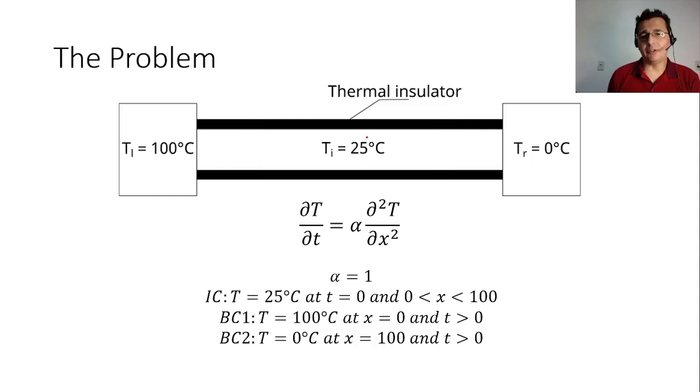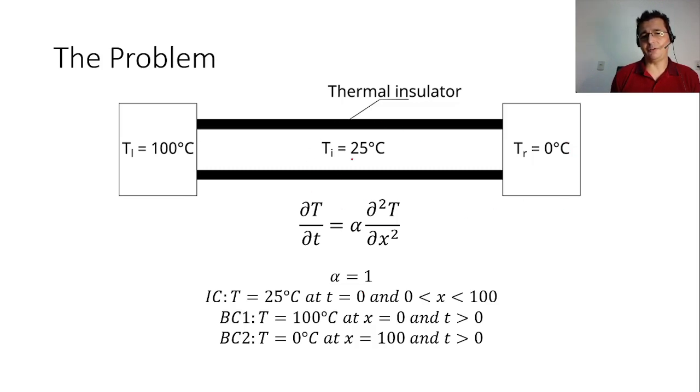Initially we have this bar at 25 degrees Celsius, and at left with this boundary condition we have 100 degrees Celsius, and at right we have 0 degrees Celsius as default, but the user can change it as well.